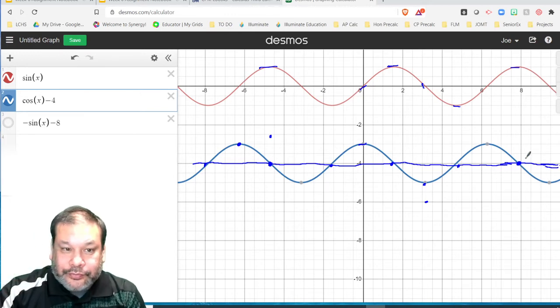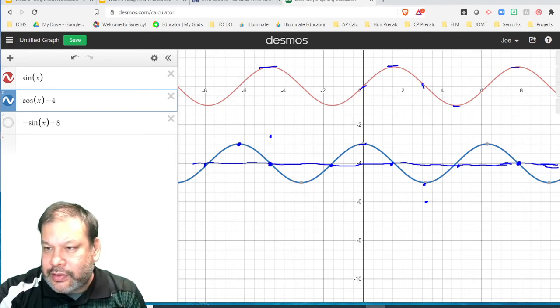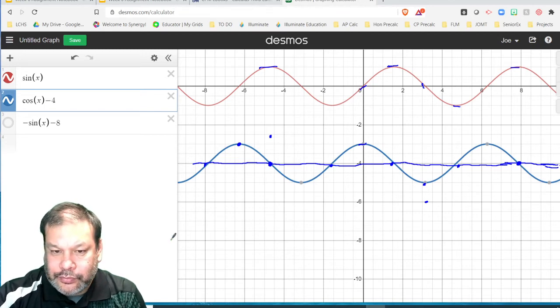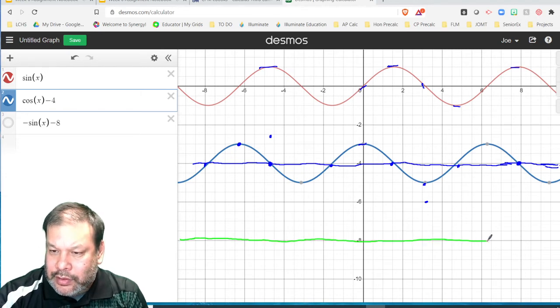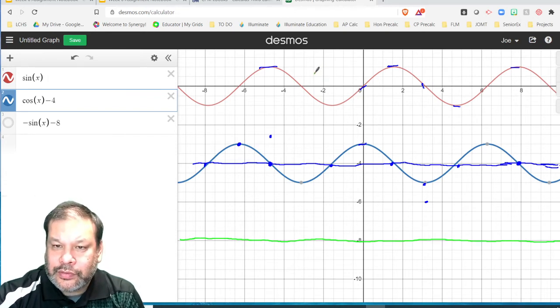So now, what is the derivative of cosine x? If I'm using this -8 as my axis for the derivative of cosine x, so this is f of x equals cosine of x, and this is f prime of x.